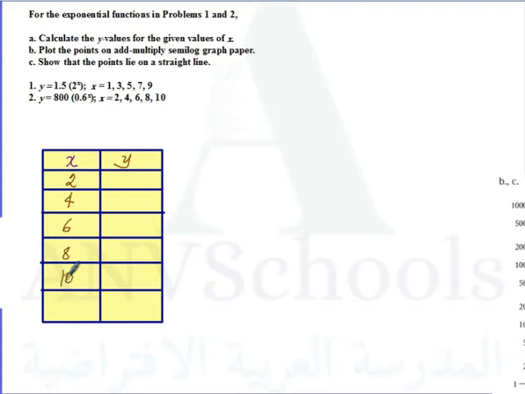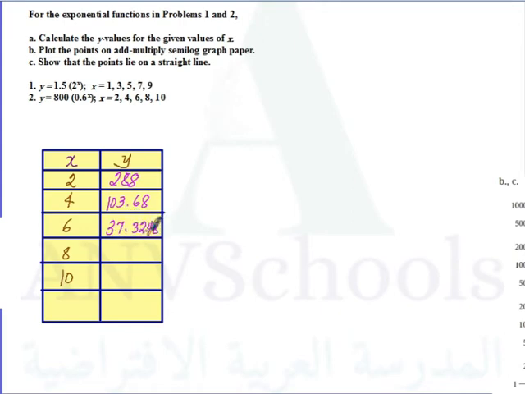Using a scientific calculator to solve for our y, if my x is 2, my y is 288. My x is 4, it's 103.68. My x is 6, that would be 37.3248.